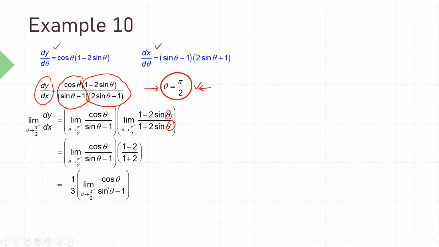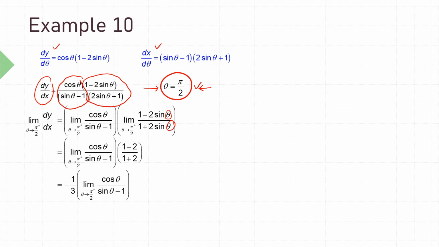Now we want to use some other knowledge from calculus. If you substitute pi over 2, we will have a 0 over 0 case. This is a 0 over 0 case. So what do we need to do? We can use L'Hopital's rule. Remember L'Hopital's rule. How to do this using L'Hopital's rule?